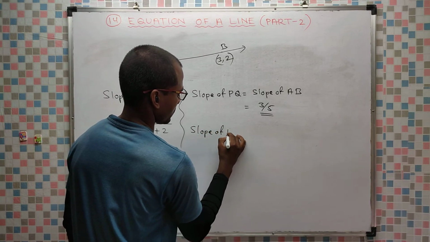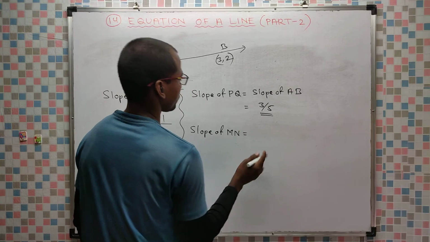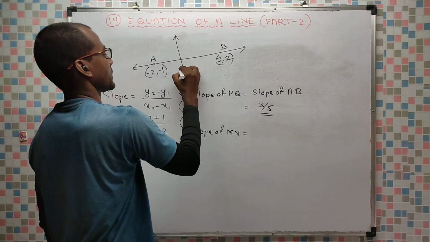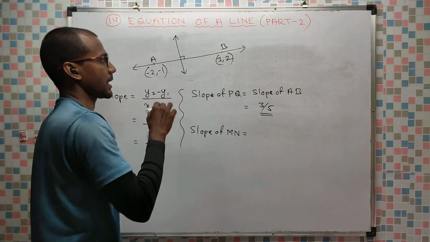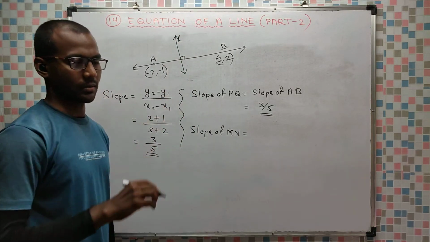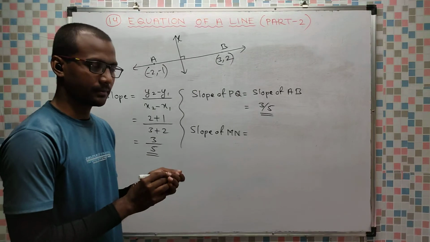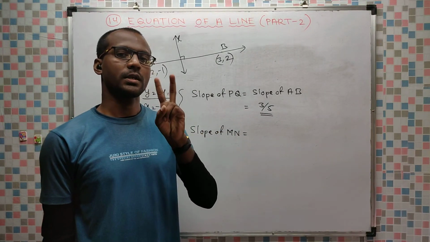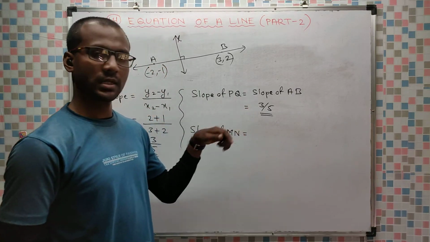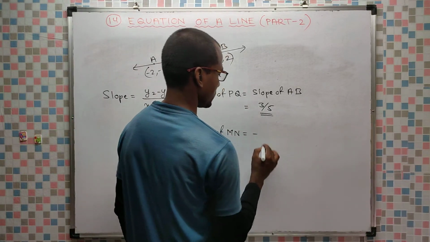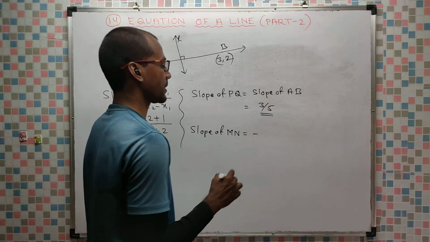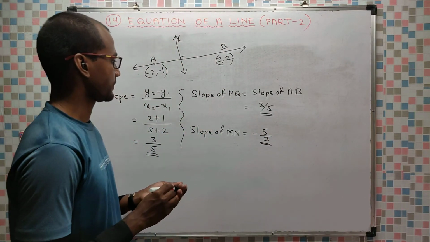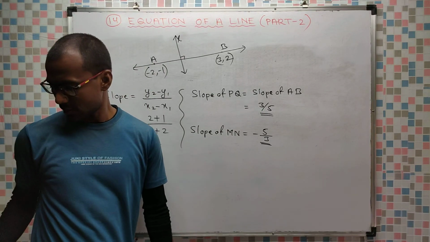Suppose like this. This line is MN. Its slope will be, I have given the trick. Change the sign, take the reciprocal. Plus then minus. The reciprocal of 3 by 5 is 5 by 3, so minus 5 by 3.